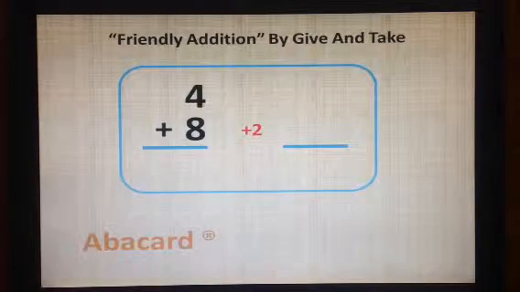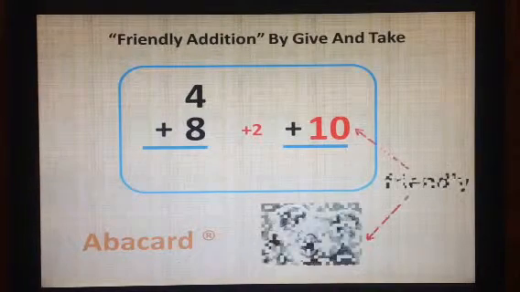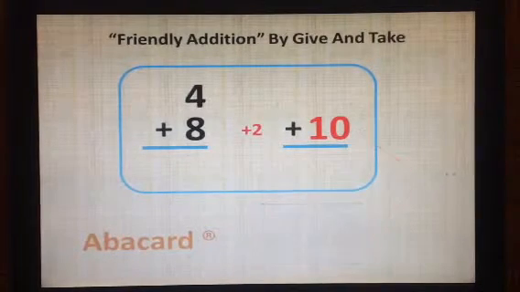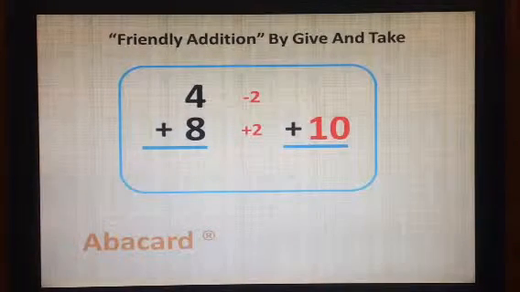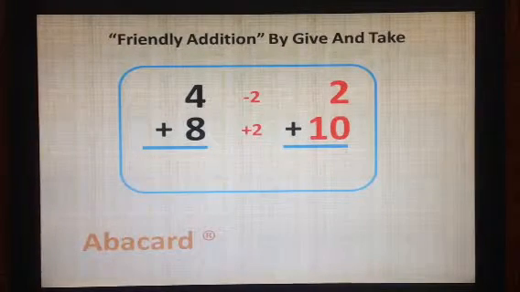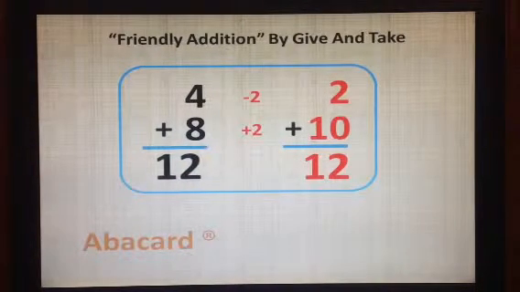Ready? What is it? That's right, it's a 10. And that's friendly. What is it? And what's the answer? Woo! And those are the same because of give and take.